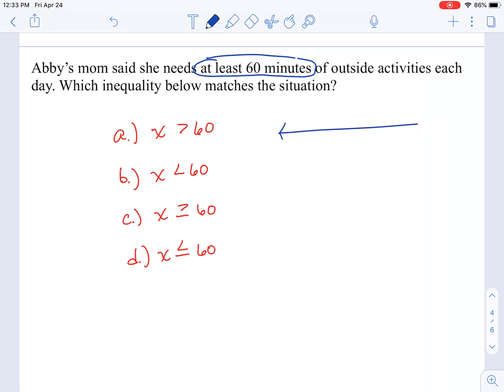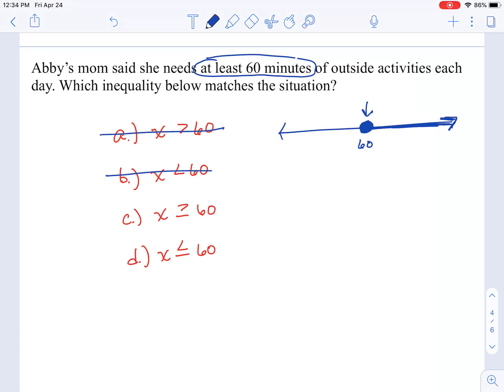So if we think about that, we graph it, put it on a number line. We said she wanted her to be outside 60 or more. So 60 is included, so it would have a filled in circle, and then 60 or more means I've got to go this way. Now, since it has this filled in circle here, I know it's got to have that equal to.